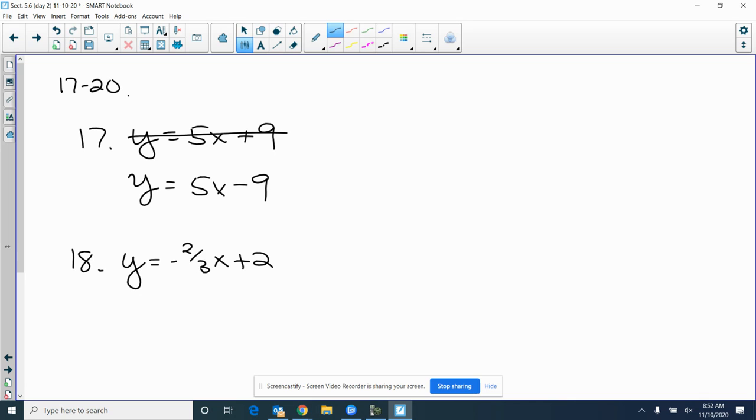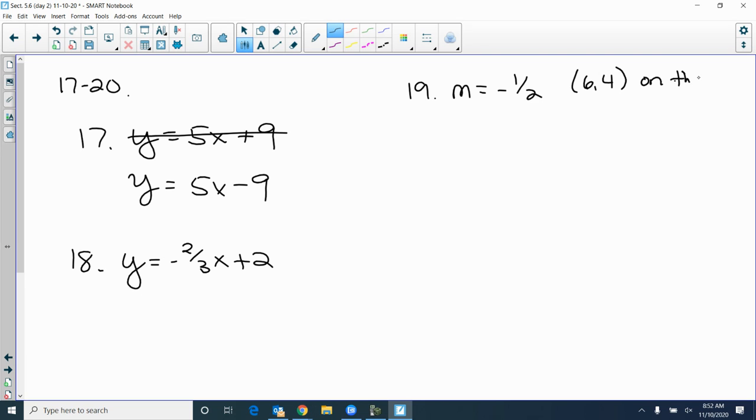Now, 19 and 20, yes, it gets a little bit more difficult. For 19, it tells us the slope, which I'm just going to put as m, equals -1/2. And they say 6,4 is on the line. Now, how did we do this one yesterday?